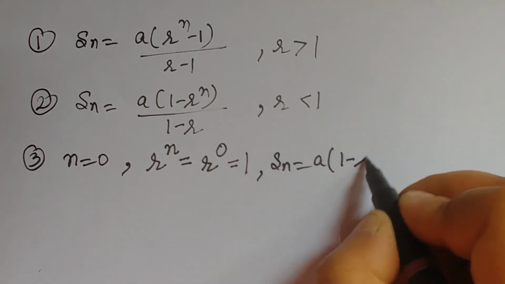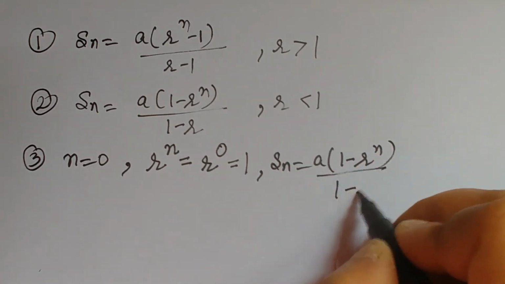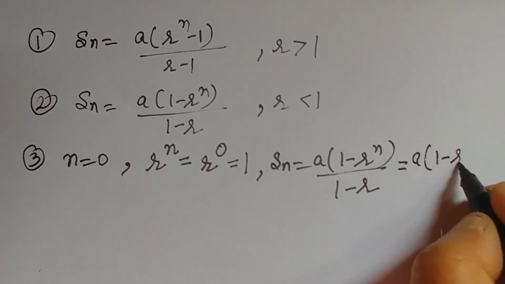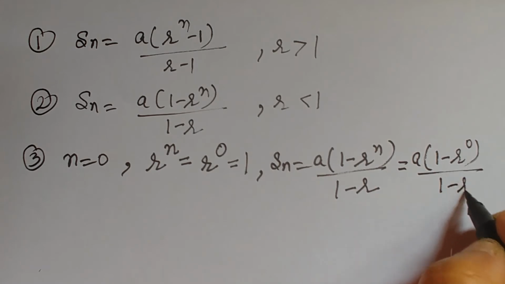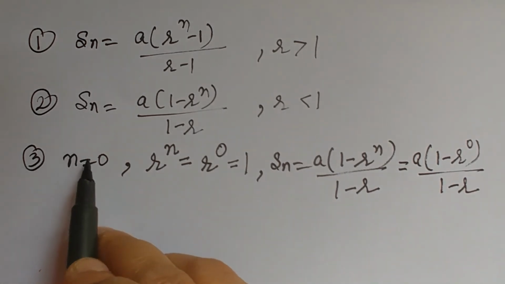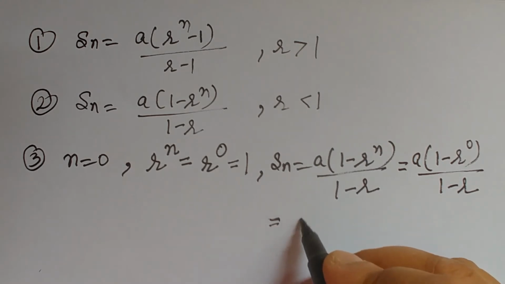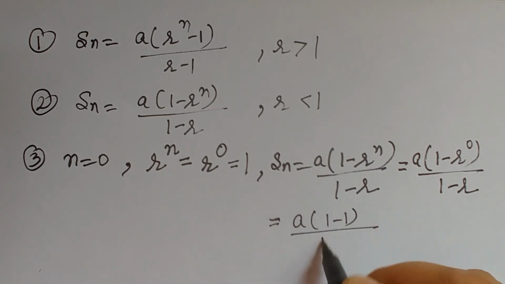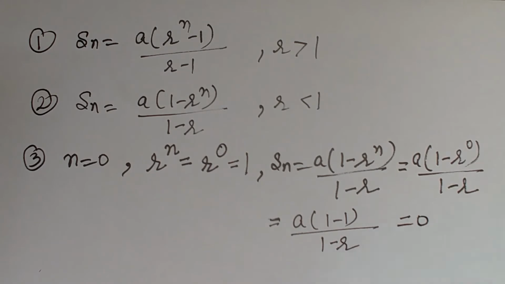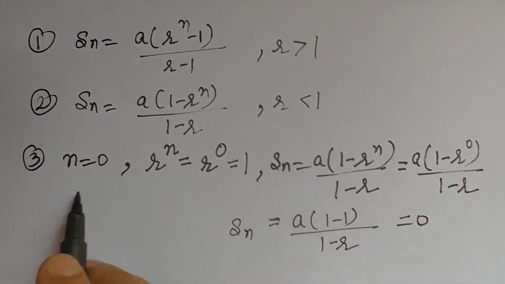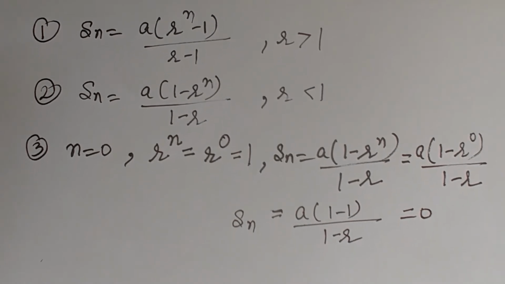It will be a times 1 minus r raised to power 0 upon 1 minus r, as n is equal to 0. So it becomes a times 1 minus 1 upon 1 minus r, which is equal to 0. So Sn is 0 when n is 0.